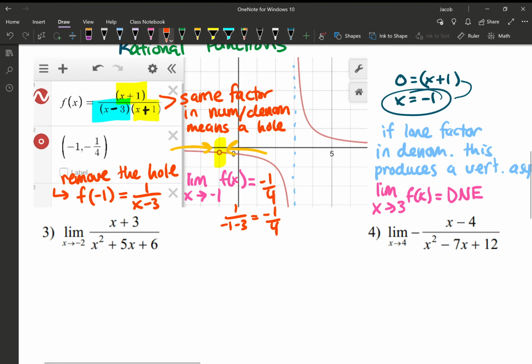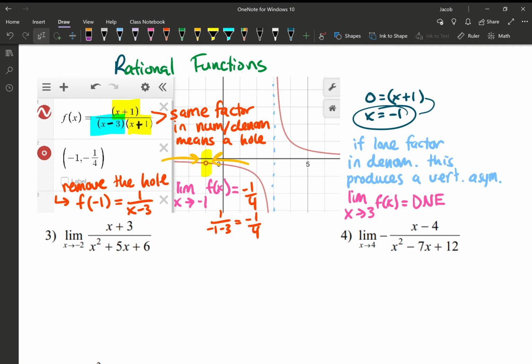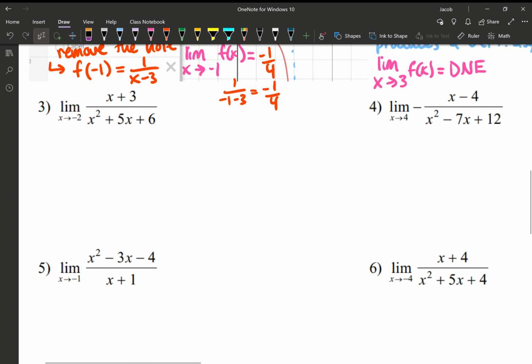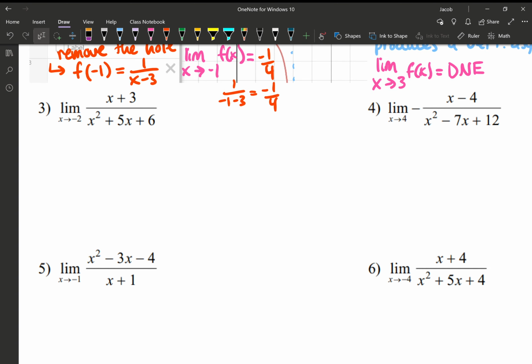So we have a couple different ways to approach these rational functions that we see down here. We're going to factor them and then decide what to do with those factors. So for number 3, what is our factorization? I've got x plus 3 over x plus 3, x plus 2.